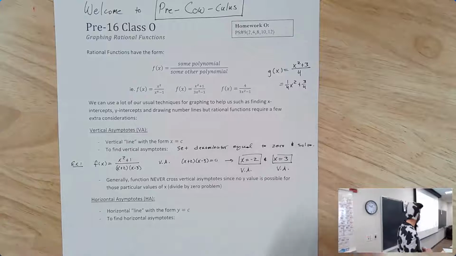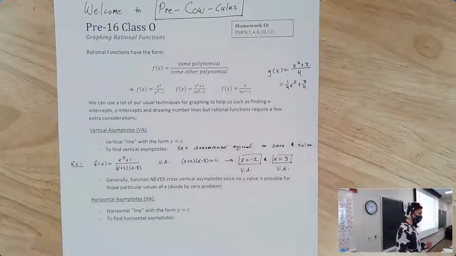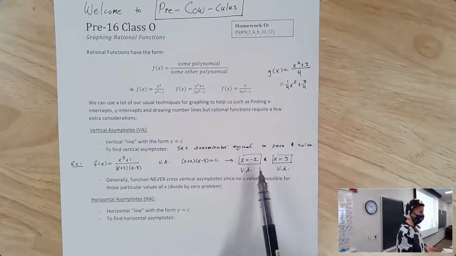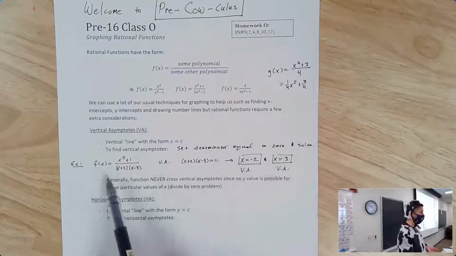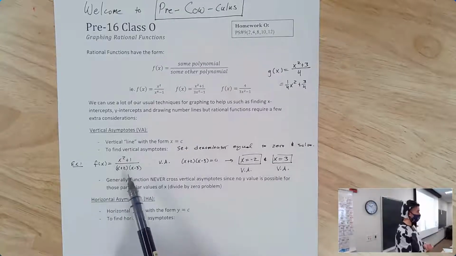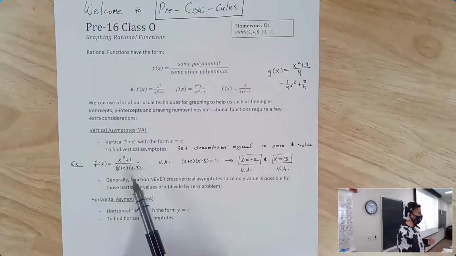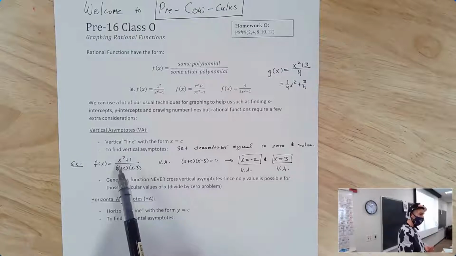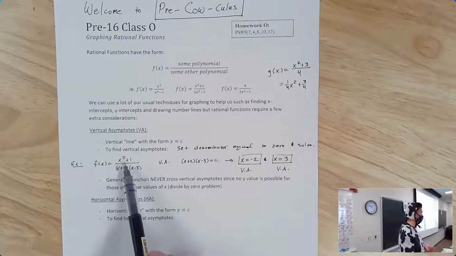Now, you might be wondering why these are vertical asymptotes. Well, the reason is because as x gets very, very close to +3 or to -2, the function value gets extremely large. So if you think about plugging in a number that's really close to 3, like let's say 3.0000001. The numerator is essentially 10, right? 3 squared plus 1 is 9 plus 1, which is 10.